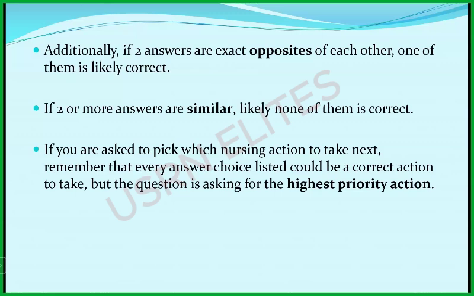So if you see something like ecchymosis around the navel, and the next one you see maybe a petechial rash around the chest, which all show bleeding.